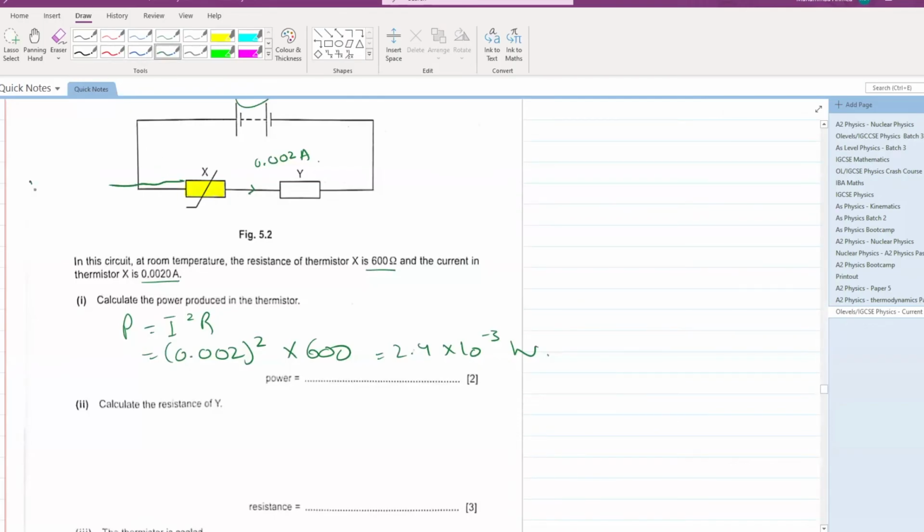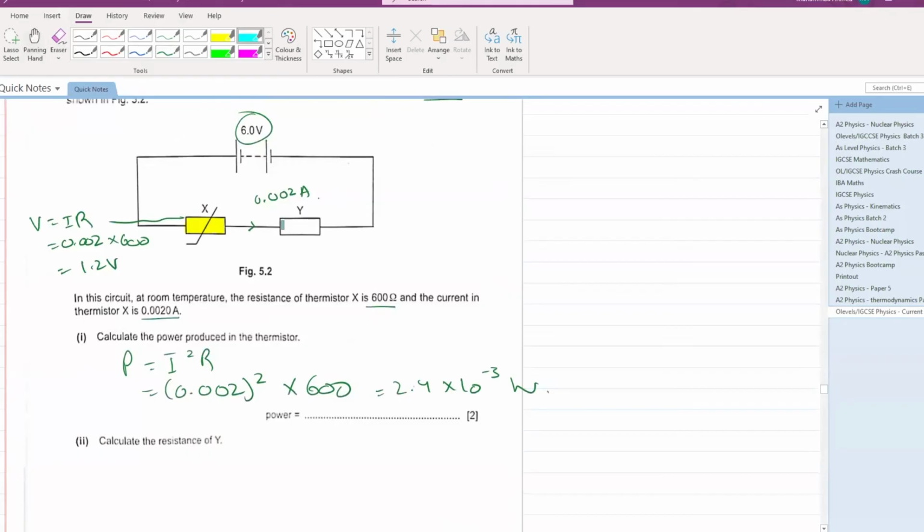Yes, you can do that. Voltage is equal to IR. The current is 0.002. What is the resistance here? 600. So 0.002 into 600 comes out to be 1.2 volts. If 1.2 volts is eaten up by this thermistor, what is the remaining voltage that the Y resistor gets? The remaining voltage that resistor Y gets is 4.8 volts.